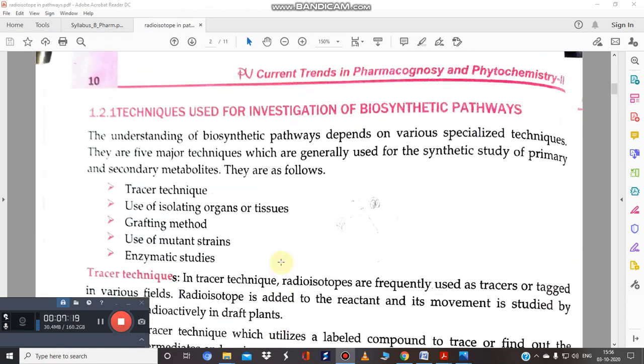And what are the different methods for investigation of biosynthetic pathways? The most common method that we are discussing is the tracer technique, and we will focus on this. Then grafting, isolated organs or tissues, enzymatic studies and mutant strains are there, but we will focus on the tracer technique. I hope this is clear now.